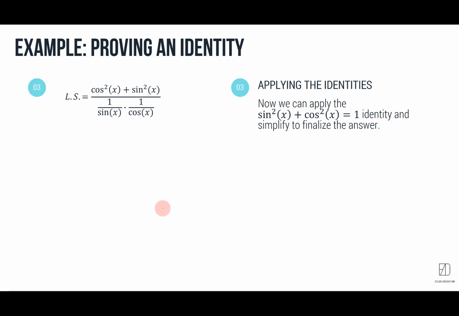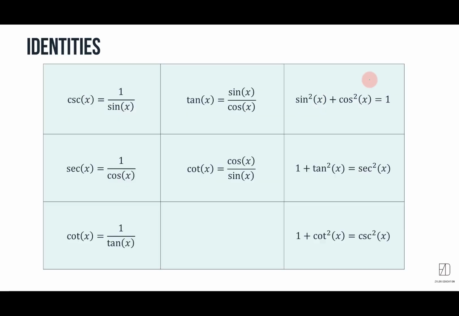Now that we have our left side with only primary trigonometric ratios and not the reciprocal ratios, we can start simplifying to try to make it look like the right side. You should always be looking back at your identities that you're given to see if you can use those to simplify. You'll notice that cosine squared x plus sine squared x here looks like this identity here.